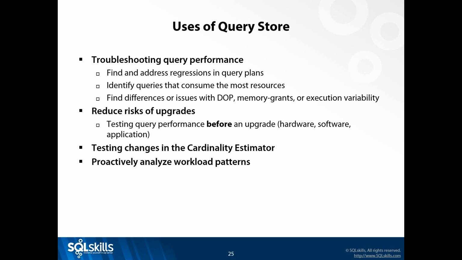There's no excuse, honestly, at this point to not do testing, because you can take your 2016 database, which has Query Store data in it, and back it up and restore it, and then whatever change is made, whether it's new hardware, a code change, or something else, you can run that same workload against that restored copy of the database and then do comparisons. That means you can also test changes in the cardinality estimator, and you can look at your workloads proactively so that you can reduce the time that you spend fighting fires, hopefully.